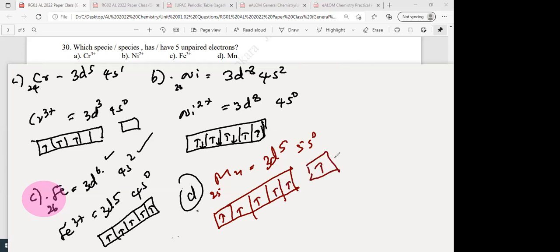I am not going to explain this filling of orbitals again: electrons go in with parallel spin first, and after that only the pairing begins. Once all the orbitals are occupied with a single electron, the pairing begins. So now you got the answer, right? That means C and D will be the answer. Is that clear? Answer is 3.